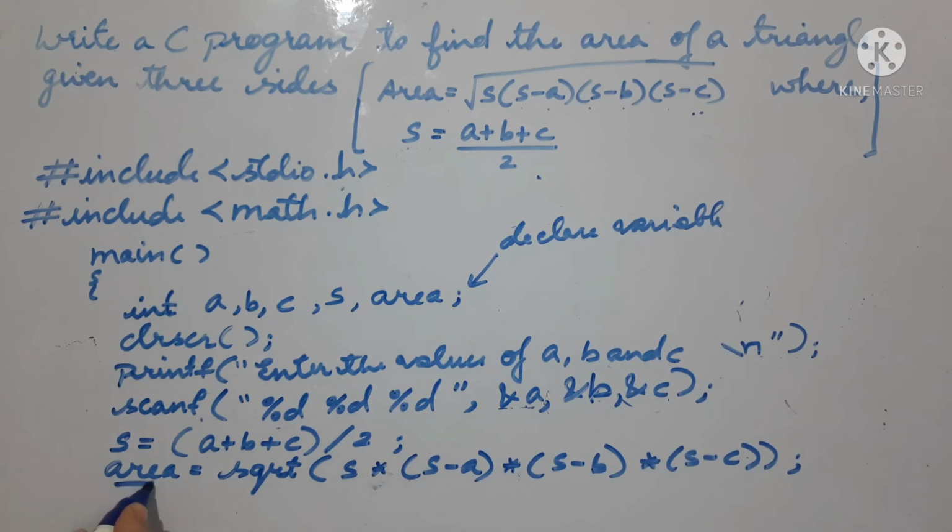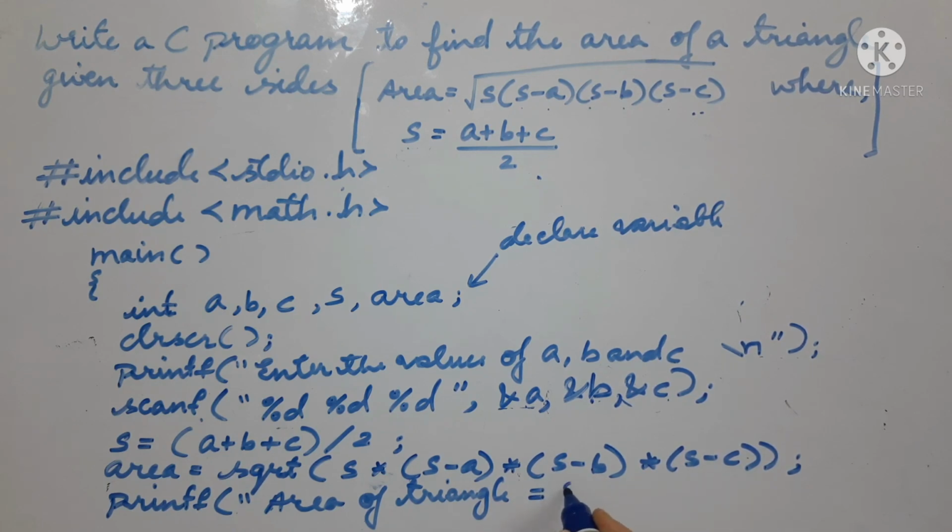So what is my next job? My next job is to tell the user of the computer the result of the calculation, that is, the area. For that purpose again let us write a print statement. Now I have to print the value of this area. So printf, again within double quotations, let me just write "area of triangle is equal to", again I will mention here %d.